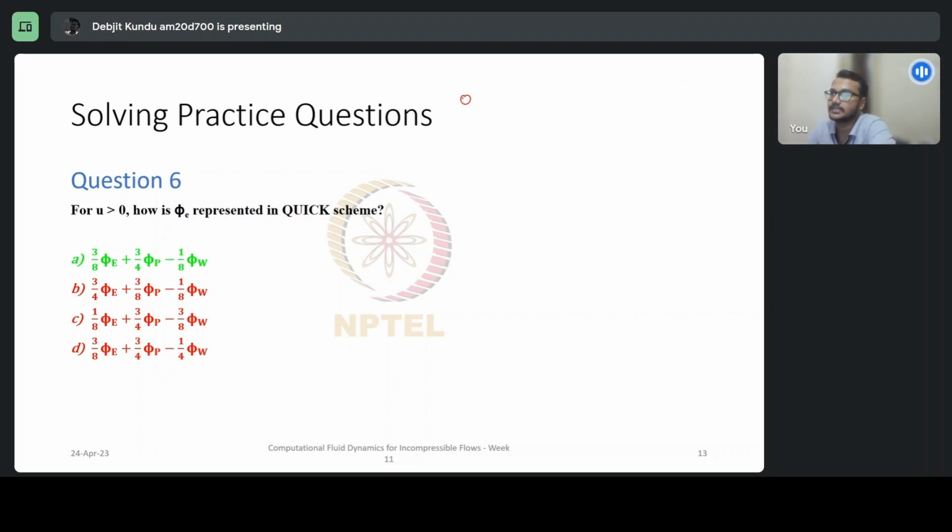So, just like we wrote down in the previous slide, phi e can be estimated using its upwind point at phi p plus delta x into dou phi dou x at p plus delta x square over 2 factorial into dou 2 phi dou x square.